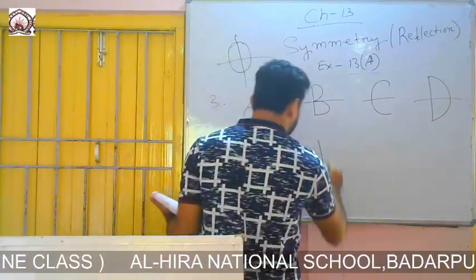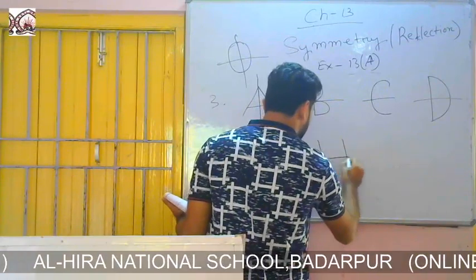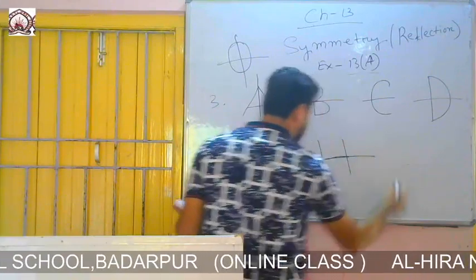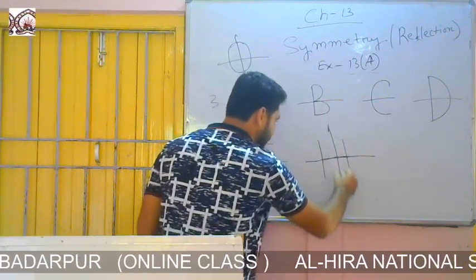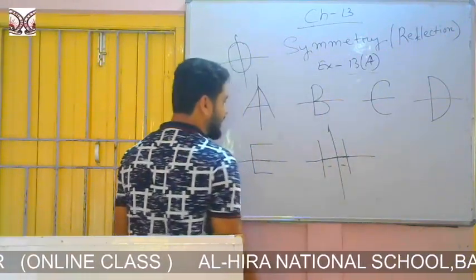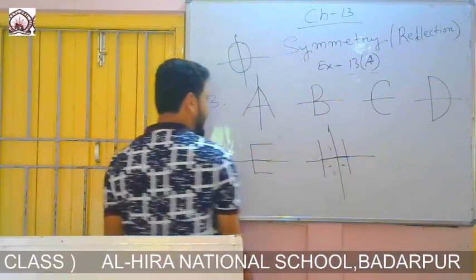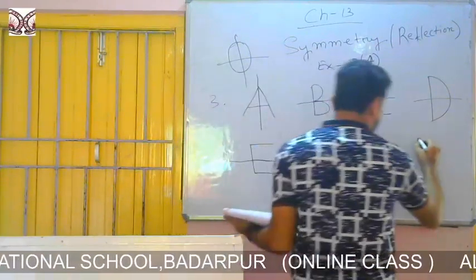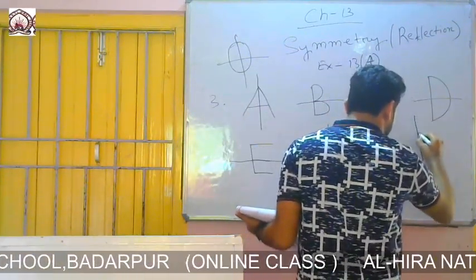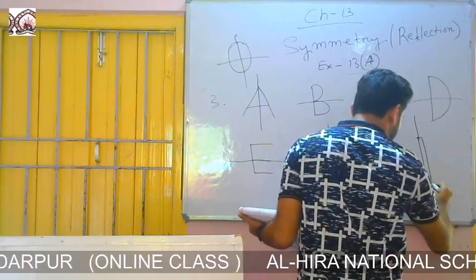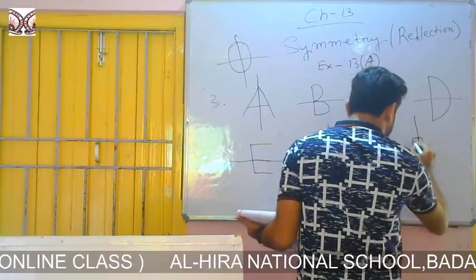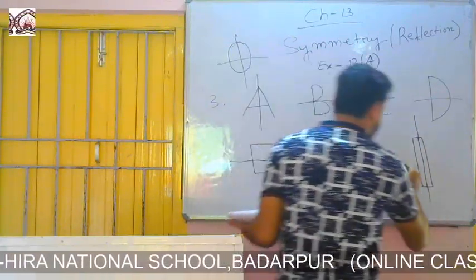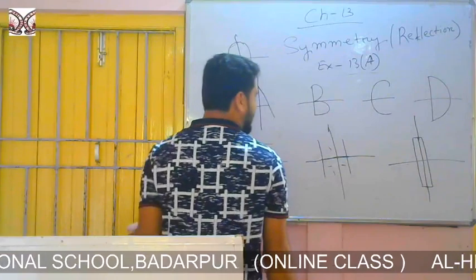Then H, you see H I can divide one by this one and another by this one. Then this part will be equal, and this part will be equal. So I can divide horizontally and vertically. I also I can divide like this. Suppose this is I. Okay, then I can divide vertically and also horizontally.